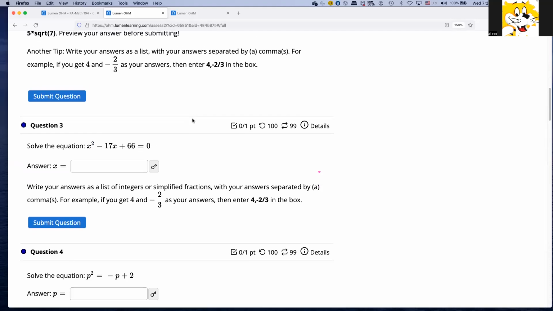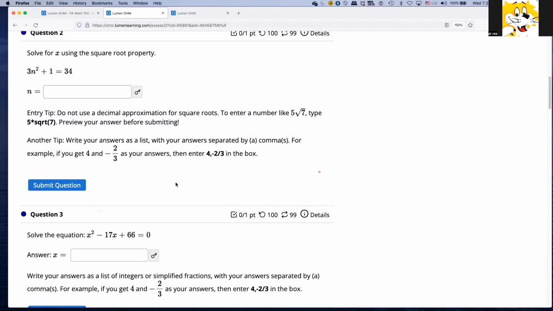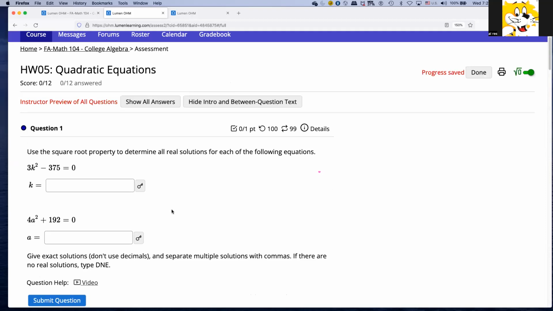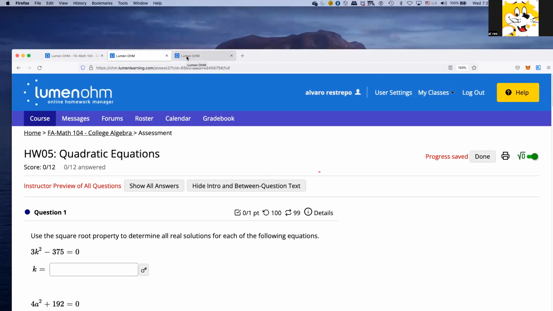I believe it was negative 11 and negative 6. And if you make that equal to 0, it becomes positive 11 and positive 6. There you go. See, positive 6, positive 11. And that was on the video on 10.3.